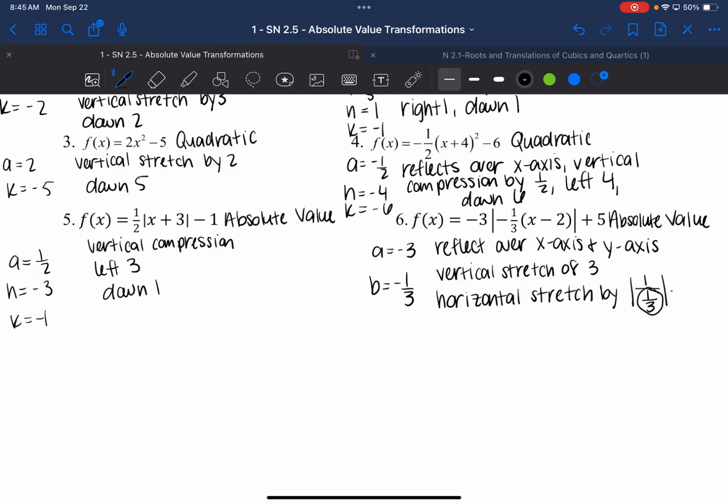So this actually ends up just being 3, right? Okay, and H value, is that going to change anything? The 2, okay, and that would shift us how? Right, 2. And then our K value is going to shift us up 5. Nice. Good job. Okay.